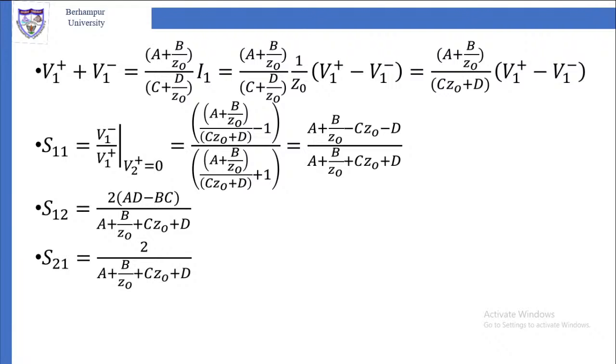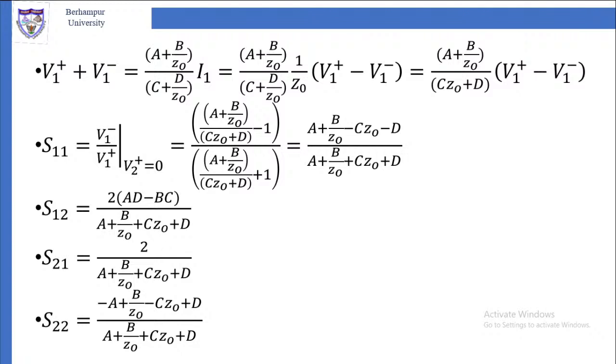S21 will be equal to 2 divided by A plus B by Z0 plus C Z0 plus D. And S22 finally is equal to minus A plus B by Z0 minus C Z0 plus D, divided by A plus B by Z0 plus C Z0 plus D. So this is the relationship between ABCD parameters and S parameter.